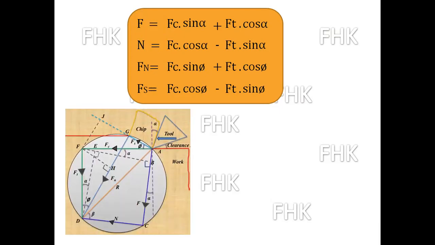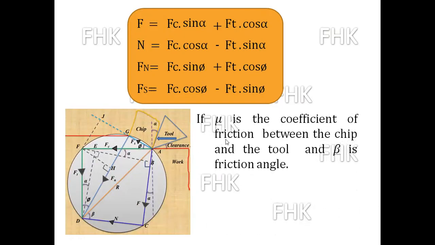Now the last point: if mu is the coefficient of friction between the chip and the tool, and beta is the friction angle. In your first year engineering mechanics, you learned that mu, the coefficient of friction, is equal to tan beta, where beta is equal to tan inverse of mu.